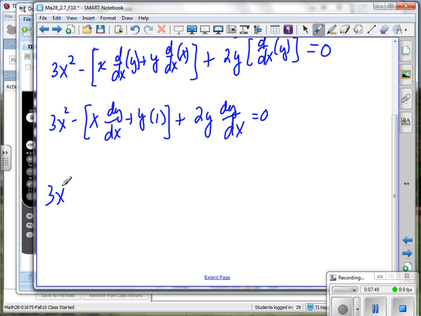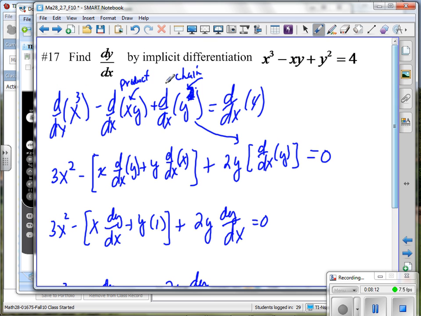So let's see, we got 3x squared plus x dy dx. Whoops, I forgot we had a change of sign there, don't we? Did you catch that? We got a subtraction outside that whole thing. So minus x dy dx minus y plus 2y dy dx. What are we going for? dy dx.